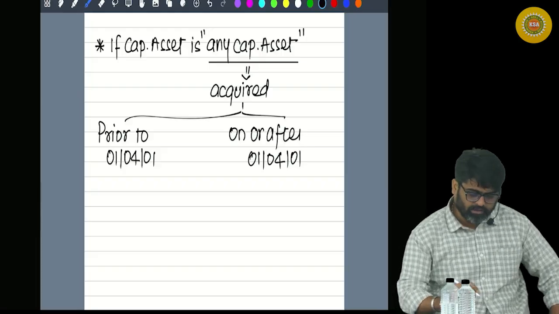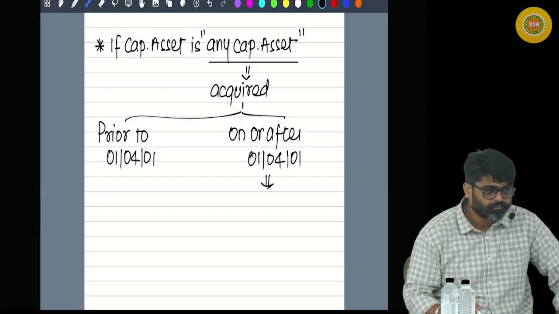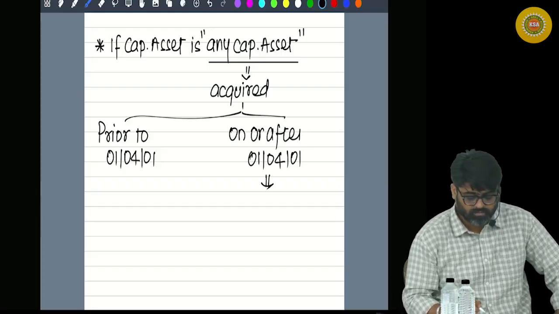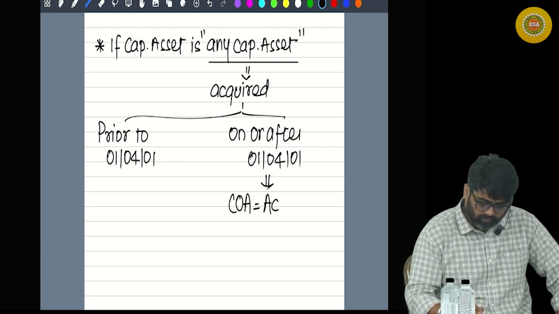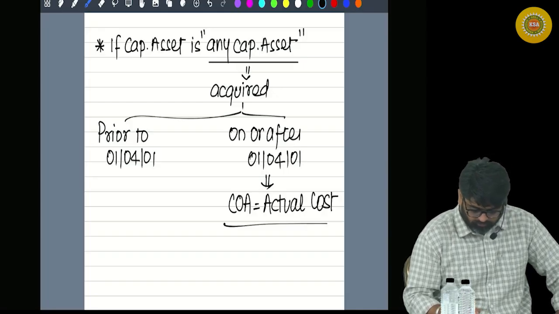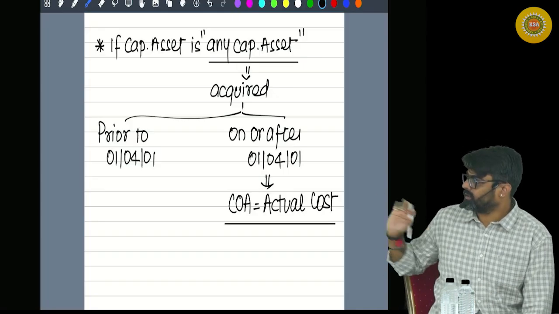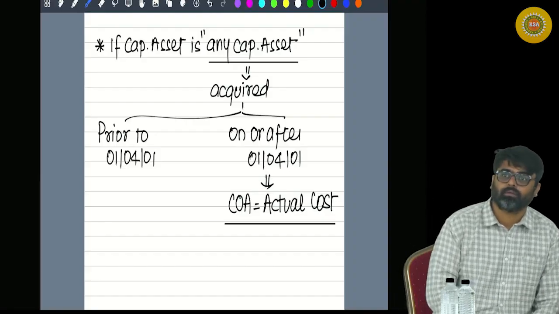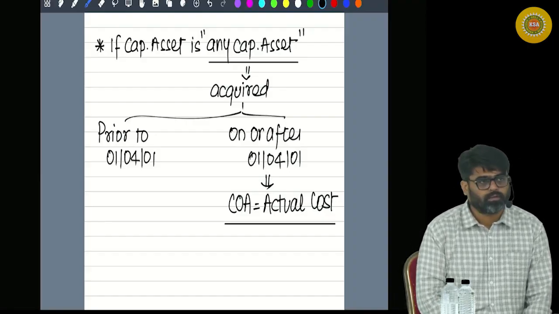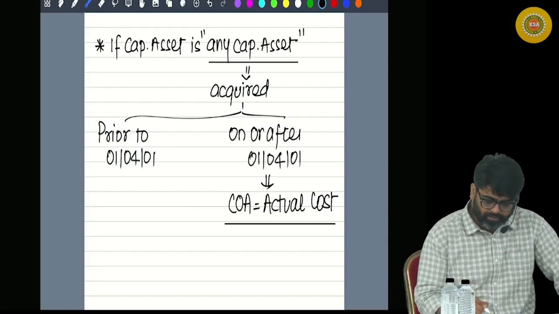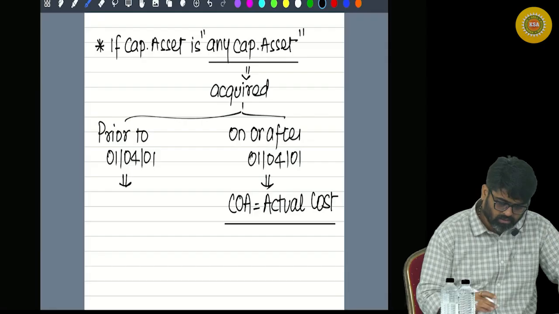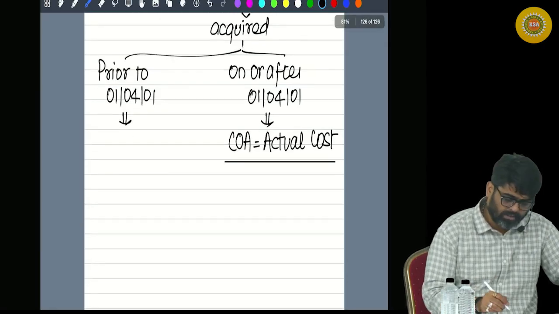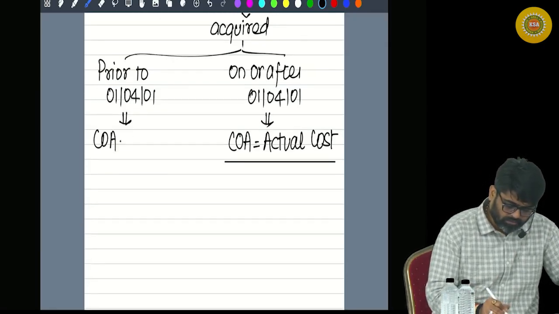So if the capital asset is acquired on or after 1st April 2001, the cost of acquisition of that capital asset is its actual cost. What is actual cost, sir? Purchase price plus related expenses. Yes or no? Now, if the capital asset was acquired prior to 1st April 2001, what will be the cost of acquisition?